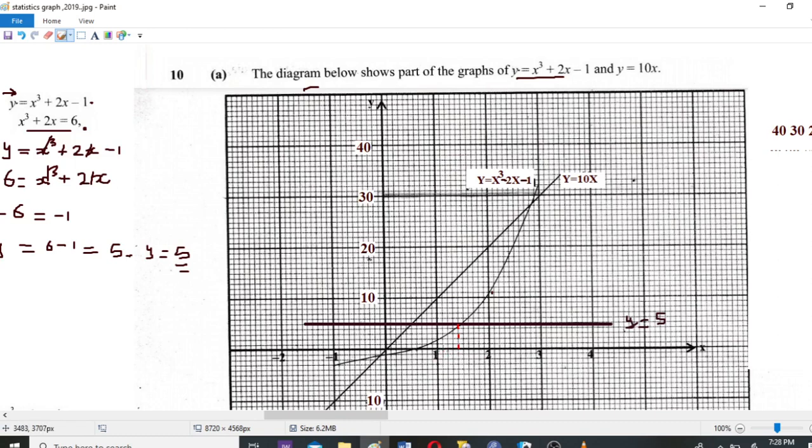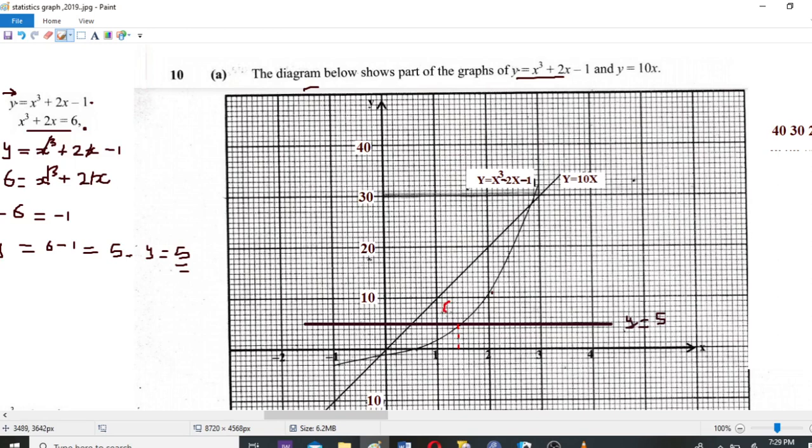That means each box is 0.1. So we have 1.1, 1.2, 1.3, 1.4, 1.5. So where we are here down, it's 1.4.